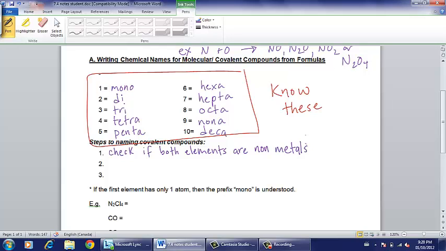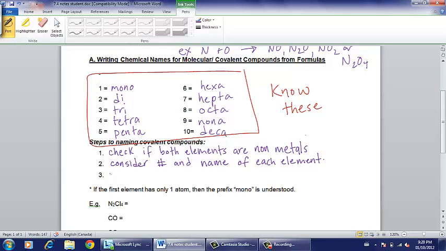And of course, if one of them turned out to be a metal, then you would use ionic naming. Then you need to consider the number and the name of each element. And we'll look at this in a minute with some examples and it'll make more sense.